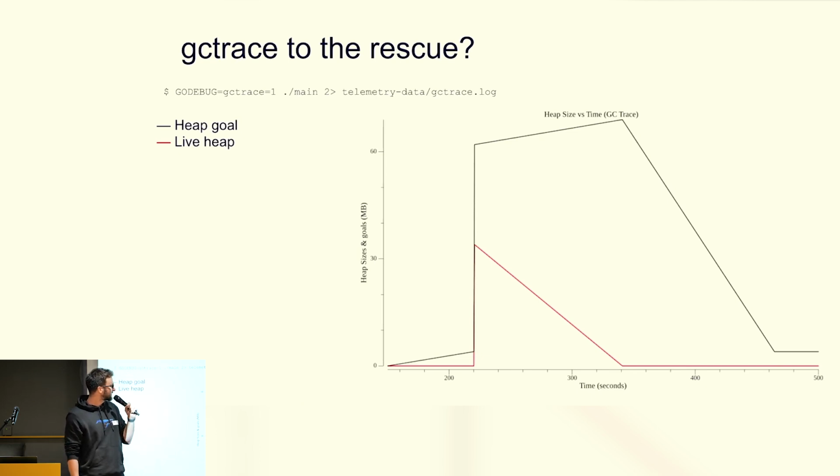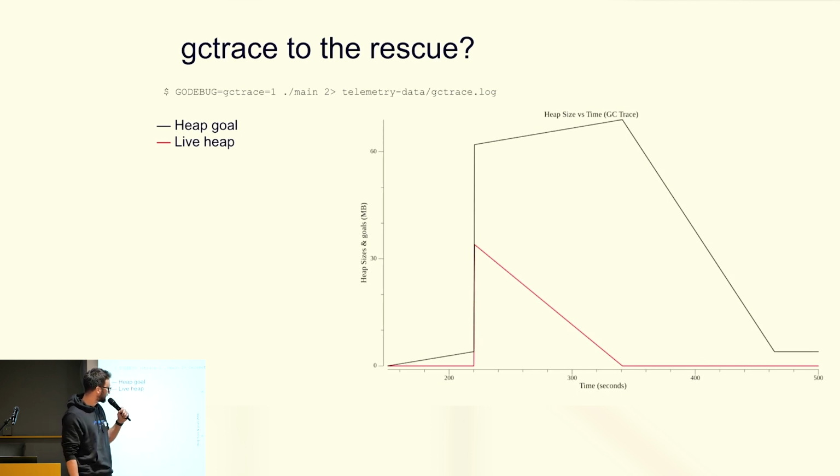And okay, so it seems that the heap goal kind of corresponds to the memory requested from the container point of view, the first graph we saw, and that the live heap is actually what the profiler reported as used memory, right? So I get a bit calmer. Seems that people know about this and that it's working how it's supposed to, but I still don't fully understand.